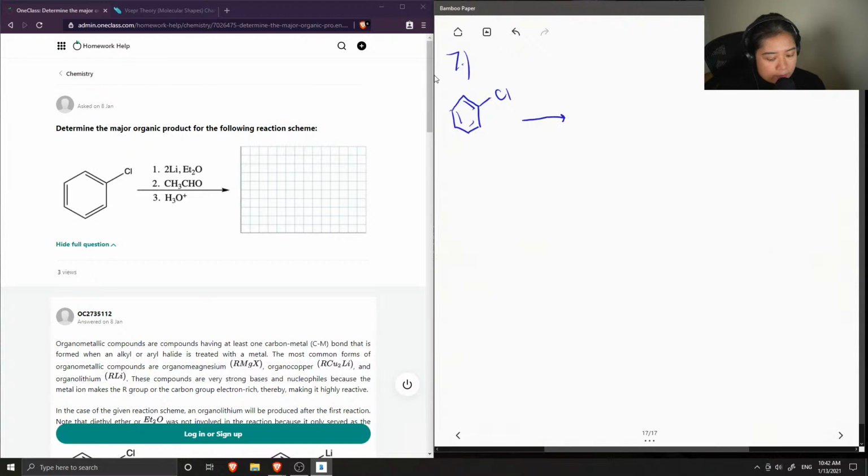So let's draw the first step. It reacts with two equivalents of lithium, and the solvent is the Et2O.